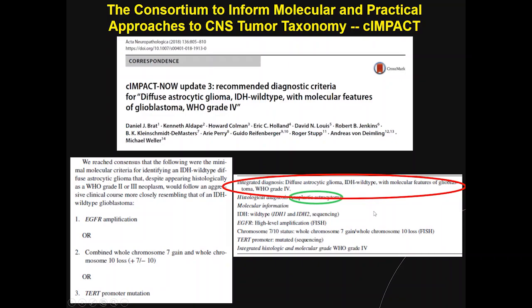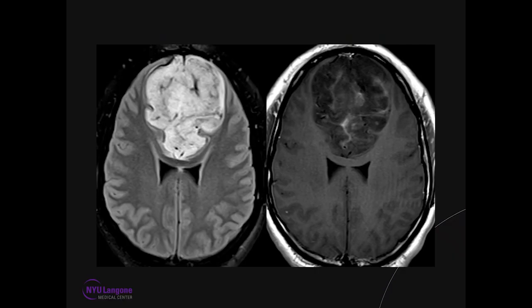The important thing is that these are the tumors which are going to do poorly, and they should be treated aggressively and almost treated as a glioblastoma from the get-go, rather than treating them as lower grade glioma.